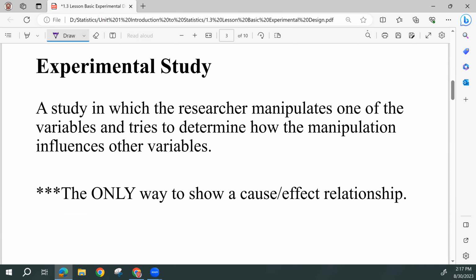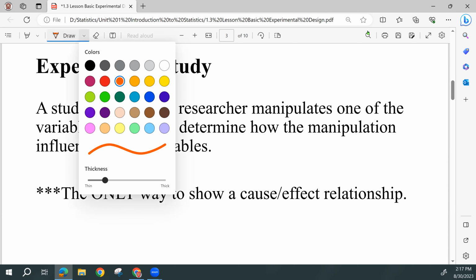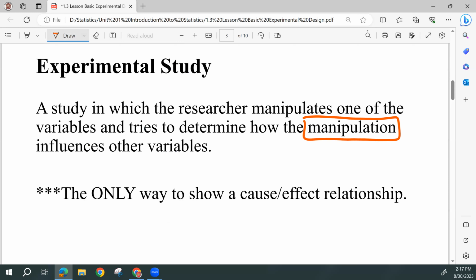An experimental study is different in the way that we have control over certain variables. This word manipulation might sound negative, but we want to control the environment so that we can try to draw conclusions about specific characteristics or measures of interest without anything else, or hopefully without anything else influencing that.